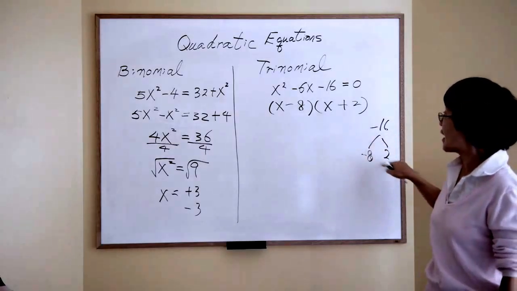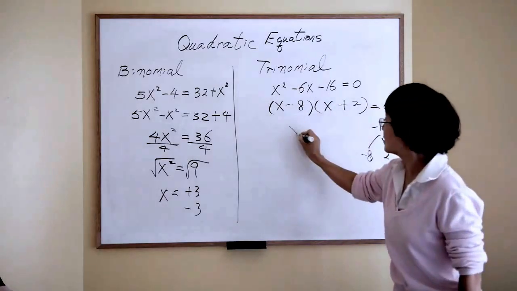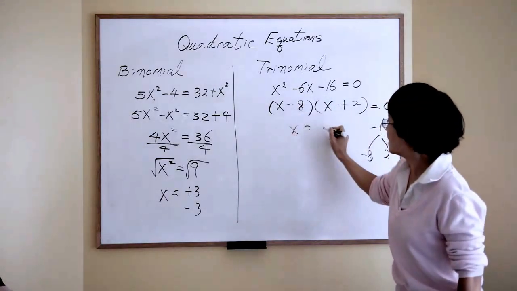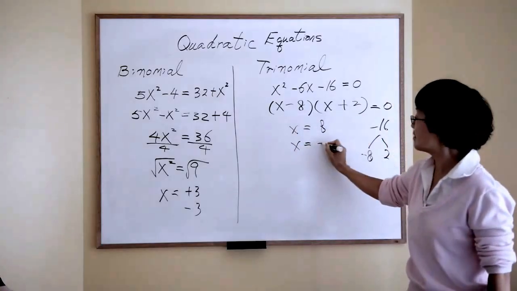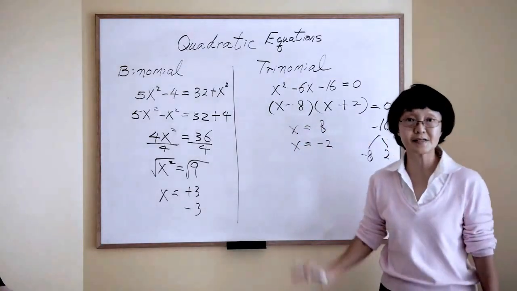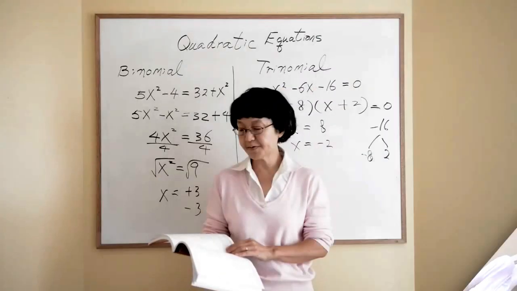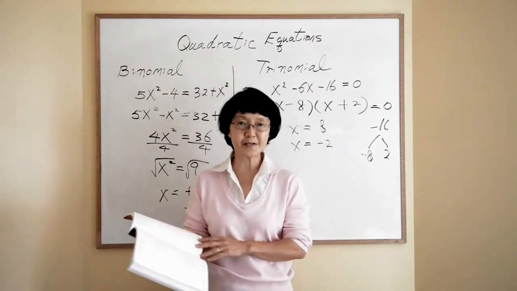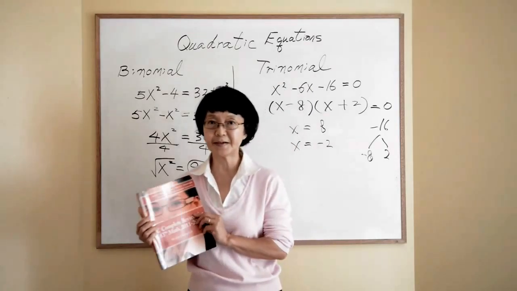And then when you add them, you get minus 6. So your x is equal to positive 8, and your x also equal to negative 2. Okay, so that's the skill for solving quadratic equations. There are many practice questions that you can practice from page 73 of this book. Okay, good.